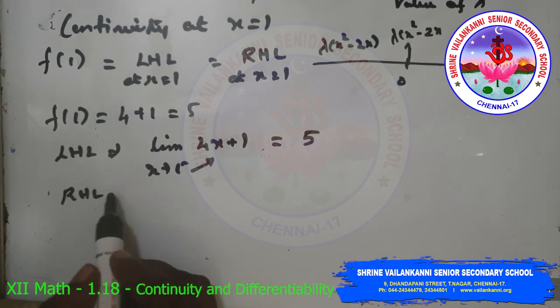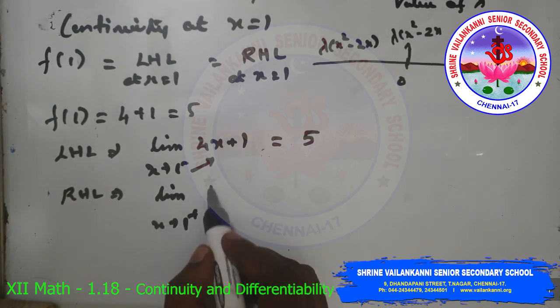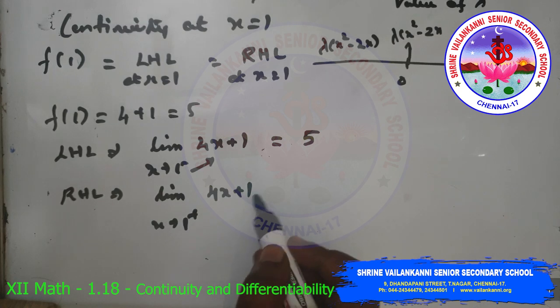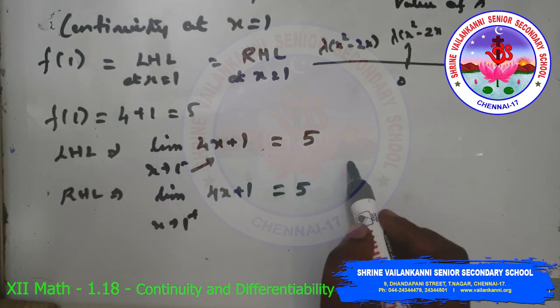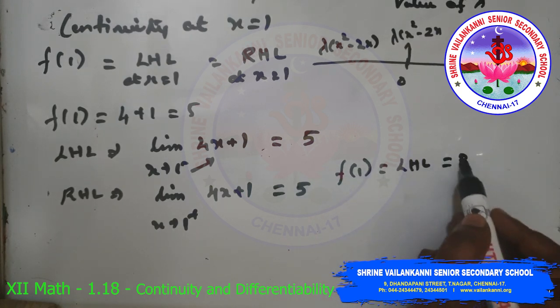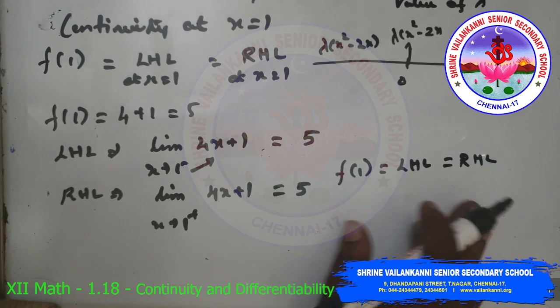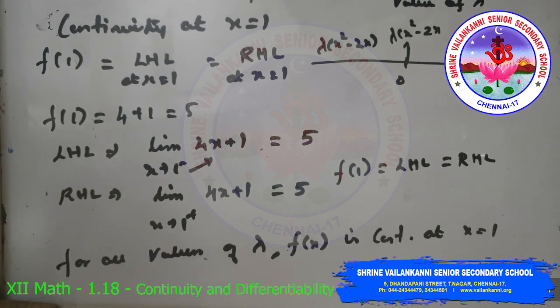Right hand limit, x tends to 1 plus, the function is defined to be 4x plus 1, so we get 5. So f of 1 is equal to the left hand limit, which is equal to the right hand limit. All these three values are equal, so we can say that it is continuous at x equal to 1. For all values of lambda, f of x is continuous at x equal to 1.